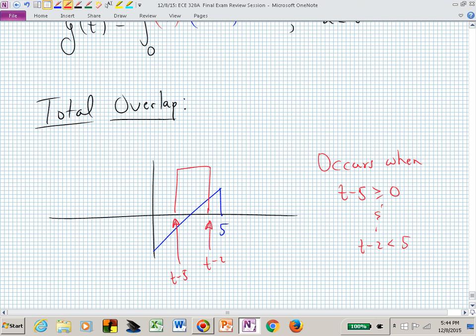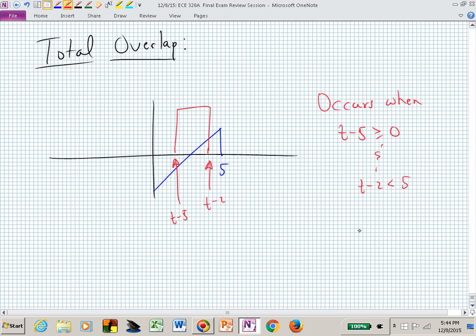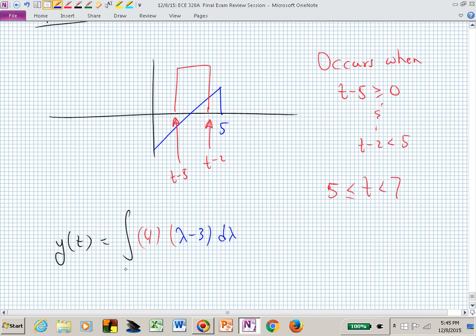Is that right? So that now this is going to occur when t is between 5 and 7. And what's y of t now? It's 4 times lambda minus 3 d lambda. And what are my limits of integration? t minus 5 to t minus 2.